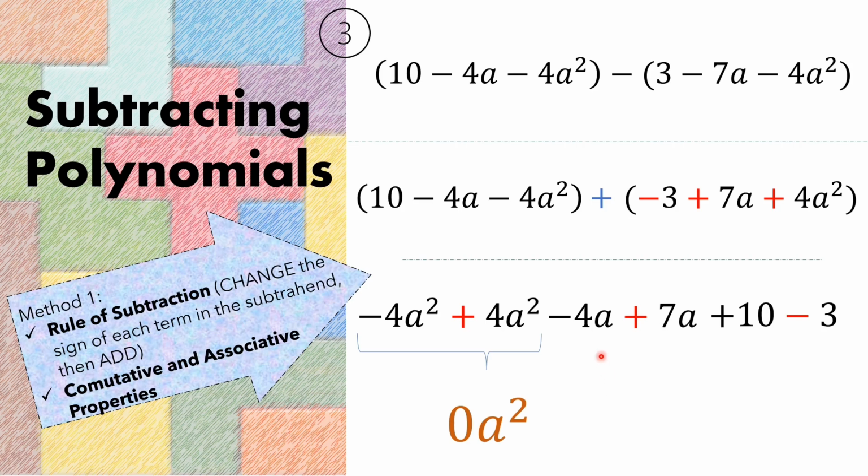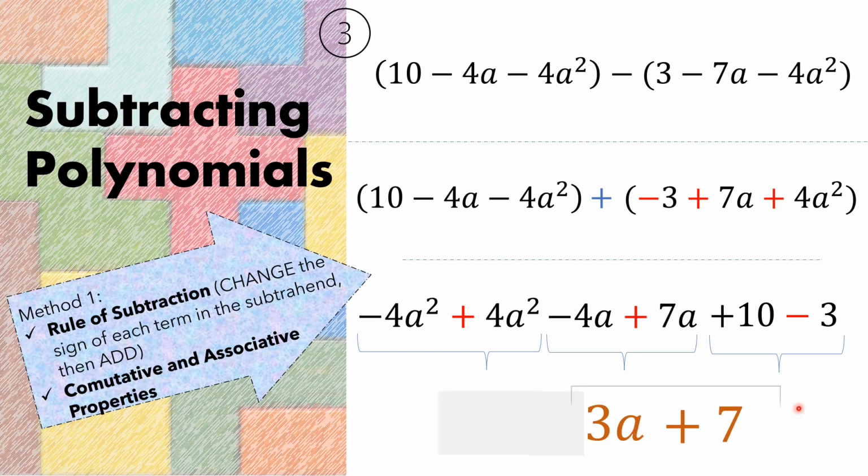Negative 4a plus 7a is plus 3a. Then 10 minus 3 is plus 7. You don't need to write 0a squared. So the final answer is 3a plus 7.